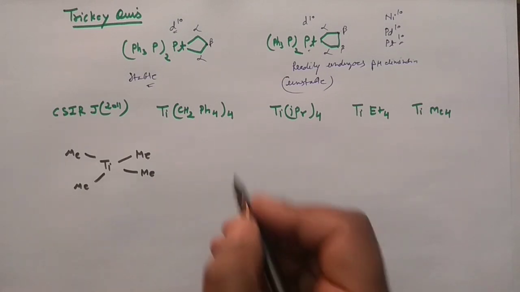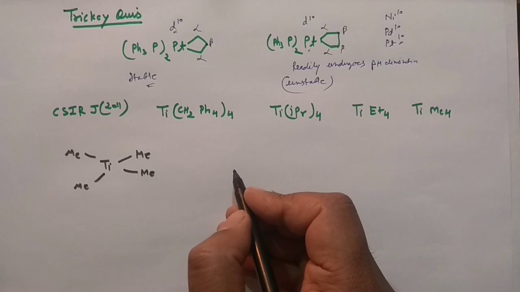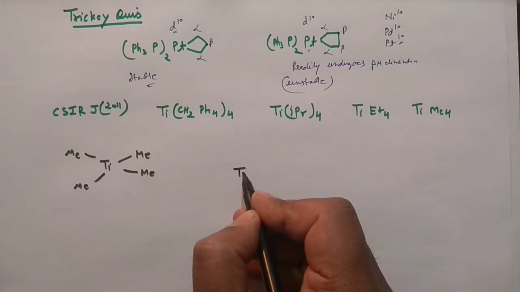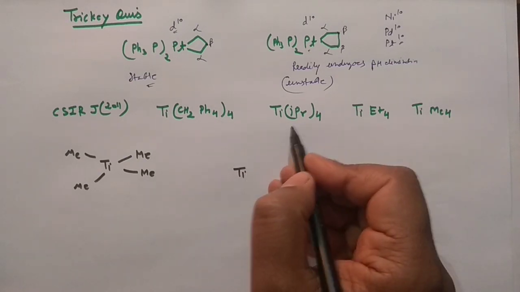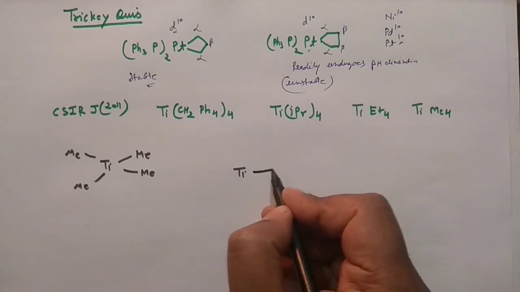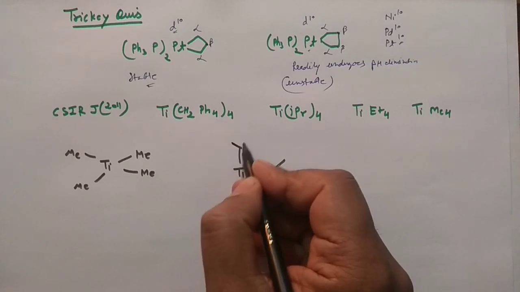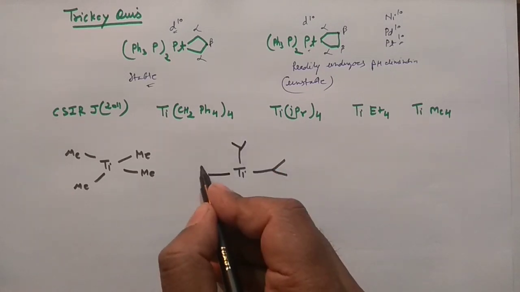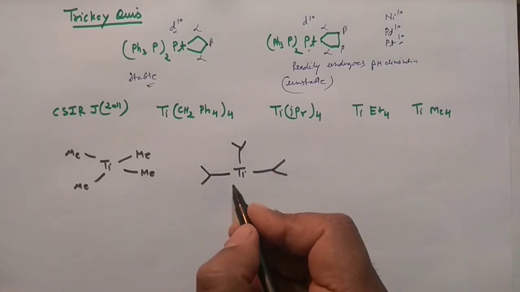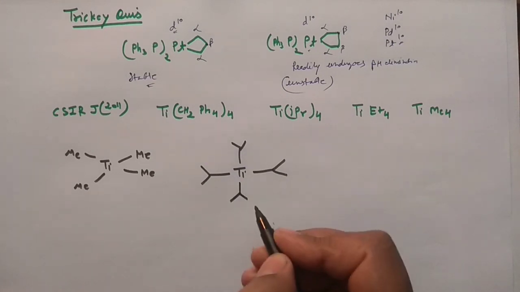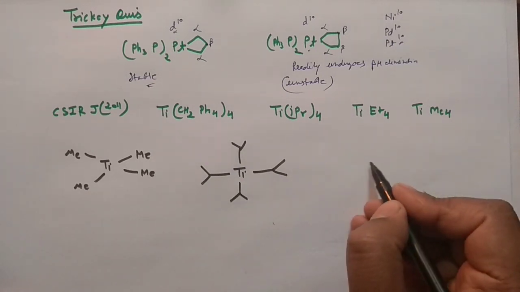Then the second complex, titanium isopropyl. I'm drawing this one: methyl, methyl, and these two are also methyl, and these two are also methyl, and these two are also methyl.